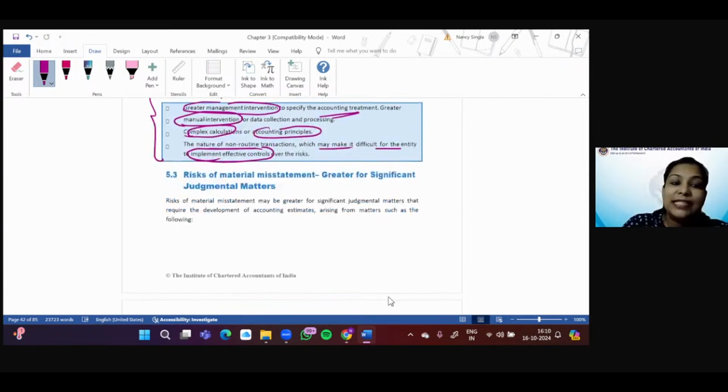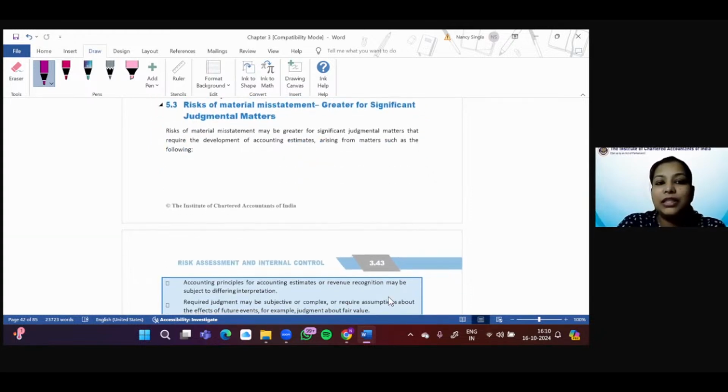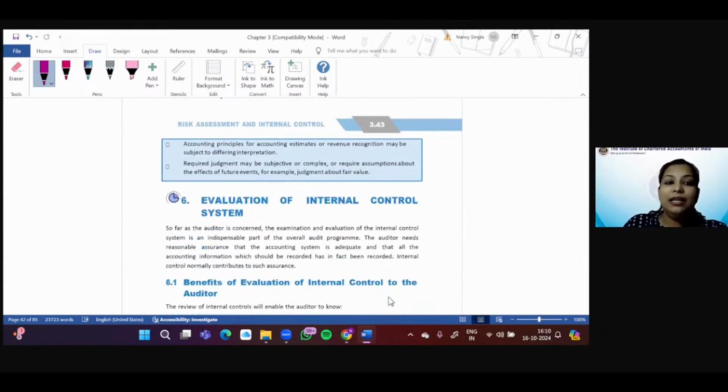Clear? Same way, where judgments are involved, accounting principles for accounting estimates and revenue recognition may be subject to differing interpretation. Management of A Limited may have a different perception vis-a-vis management of B Limited, or the auditor may have a different perception vis-a-vis the management.